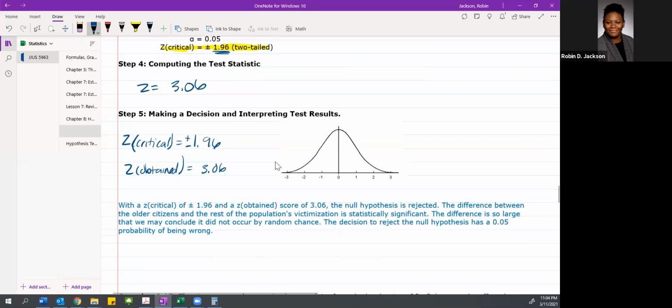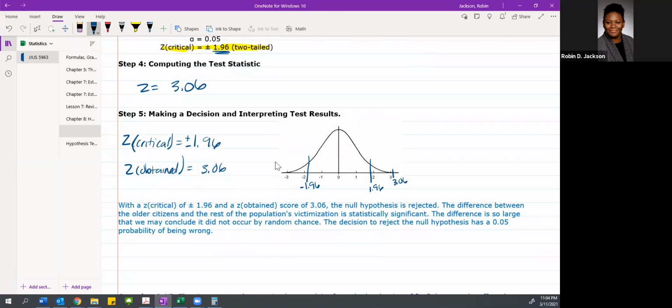And remember, since it's on both sides, when we do the Z critical, if you plot this out, you do it here as well as here. So you do it on both sides of the curve of the distribution, 1.96. And remember, our number is way out here, okay?